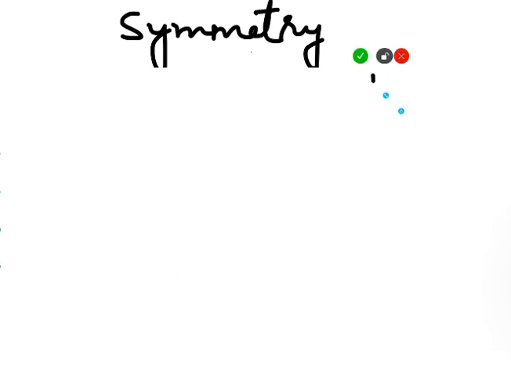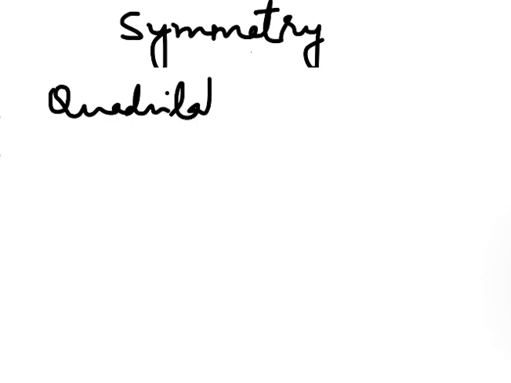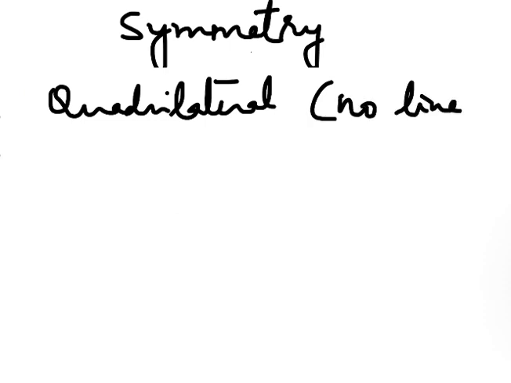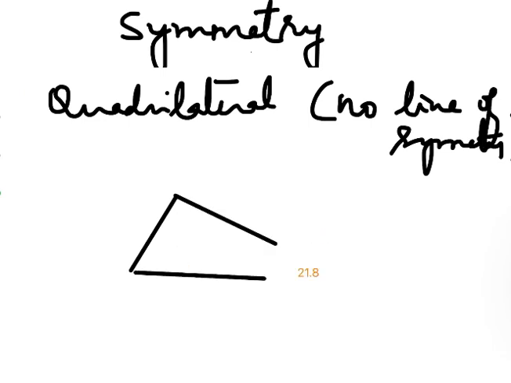Next one. You're asked to draw a quadrilateral with no line of symmetry. Yeah, no line of symmetry should be there in that. So how will you draw that? Let's draw one, two, three.